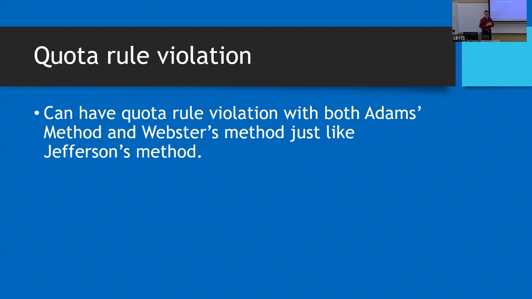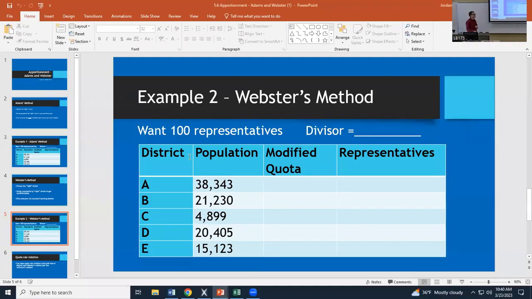So because we stick closer to the standard divisor, usually Webster's method isn't as likely. It's possible, but not as likely. Any questions about that? So Adams, Jefferson's, Webster's, they all have quota rule violations. Hamilton's have those 3 weird paradoxes that could happen. Okay. New states paradox, population paradox, and the Alabama paradox.